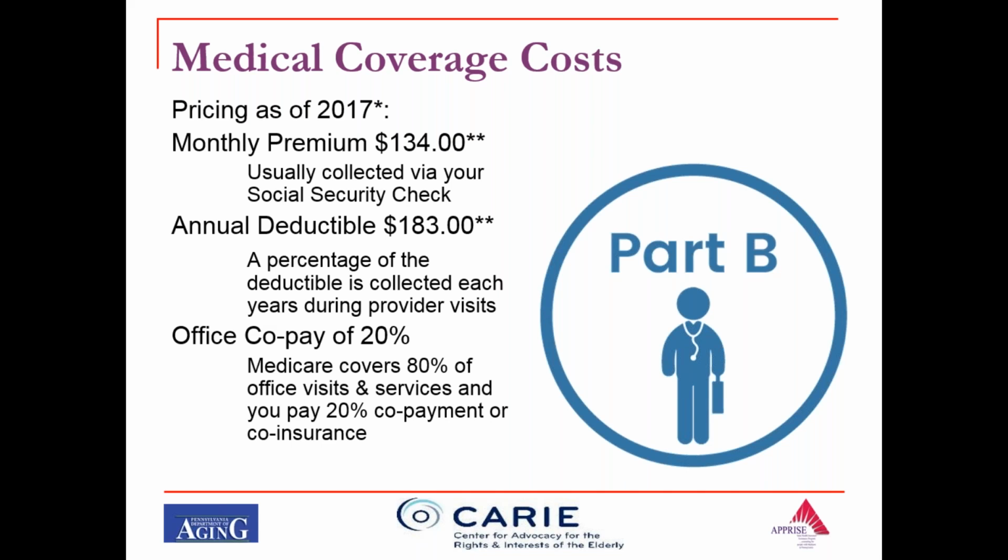But if there's a wheelchair that someone may need, or a lab or outpatient procedure that needs to be done, those can be much more expensive. Even though 20% is a small percentage-wise, depending on the overall cost of the procedure or the equipment, that could be very expensive for individuals. Again, this is for those who just have that red, white, and blue card and their prescription drug coverage.